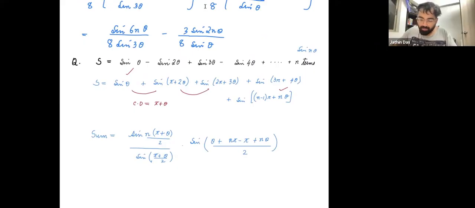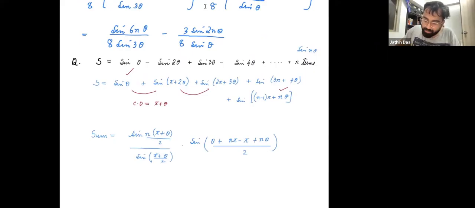Okay. Now the second type, as I said, where is that? I started with that only, I think. Type 1, type 2 we have done, sine and cosine series. Now this is type 3. Okay.